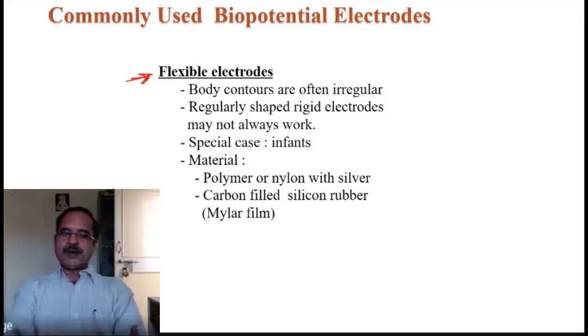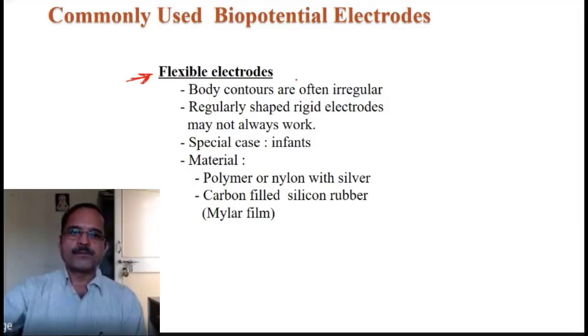For example, if you take any body part like a hand or leg, you cannot define it by a perfect shape like a cylinder or a flat surface. So it becomes very difficult to manufacture surface electrodes which can be exactly mounted on the body part. That's why flexible electrodes are more useful.